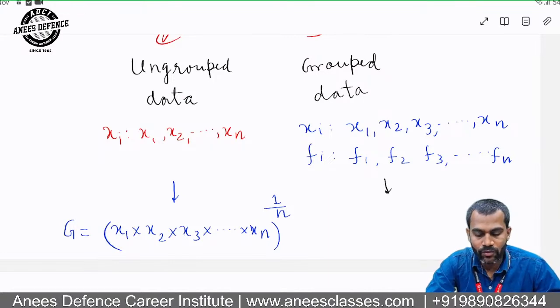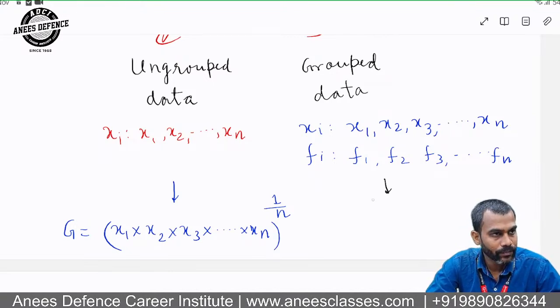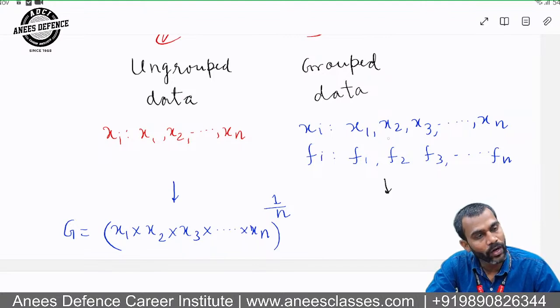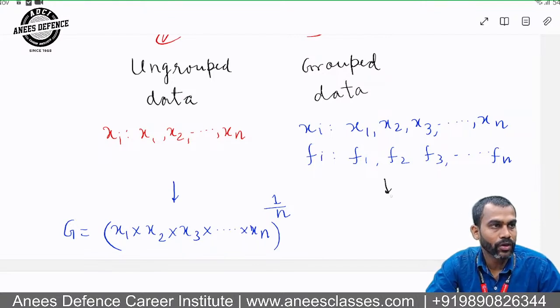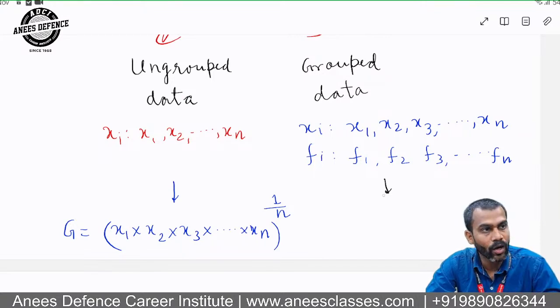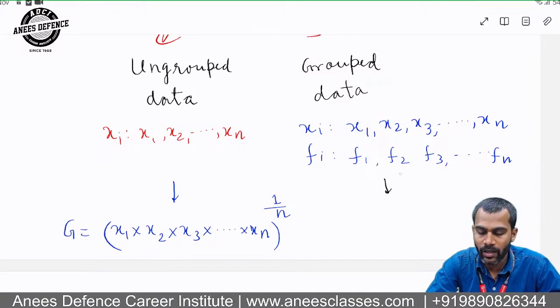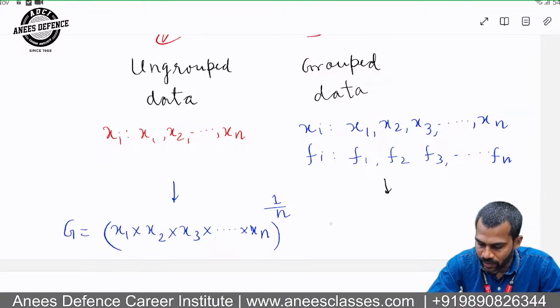Similarly, into x2 raised to f2, because x2 is there f2 times. Similarly, x3 is there f3 times. So G is equal to x1 raised to f1.